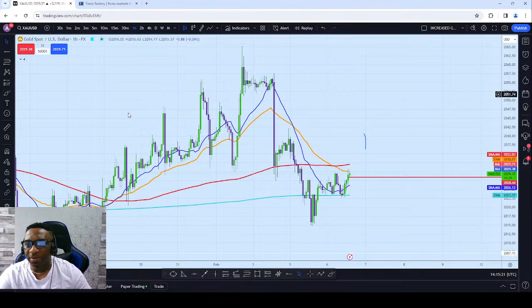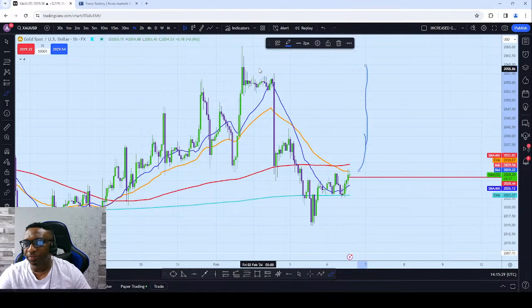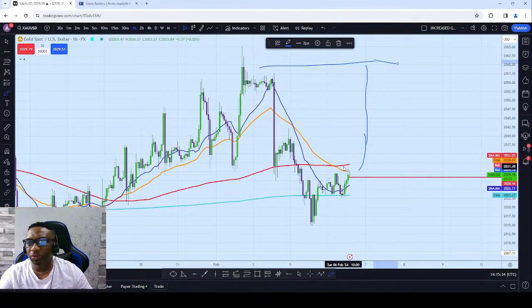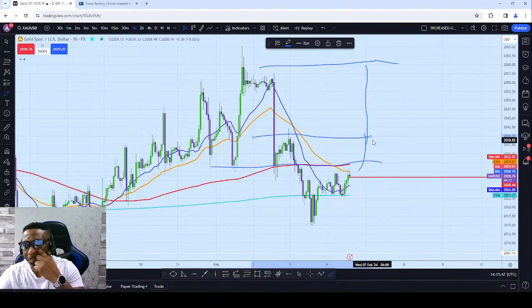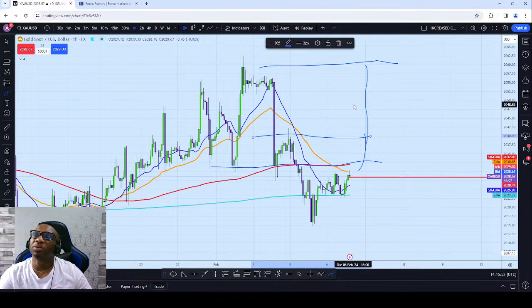There's a high probability that price will go up until this level, but we never know what will actually happen. So we take it step by step. Apart from this area, this is the next area of concern. If price is going up, this is how it looks.